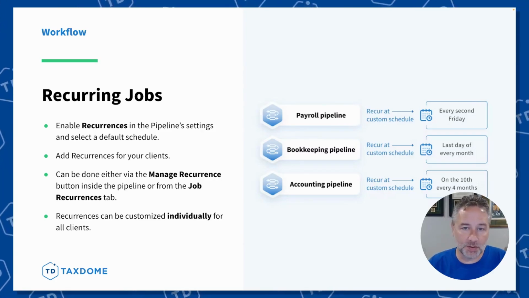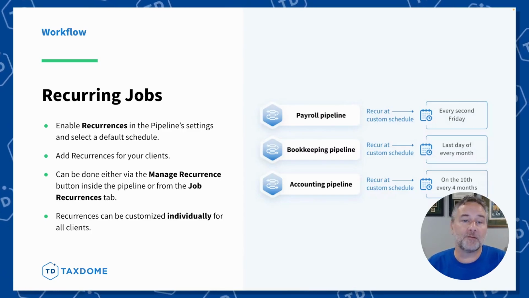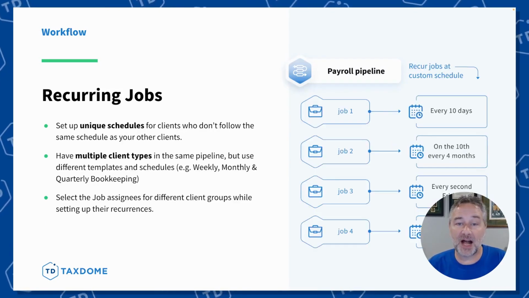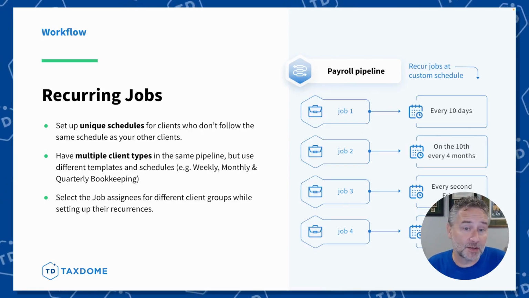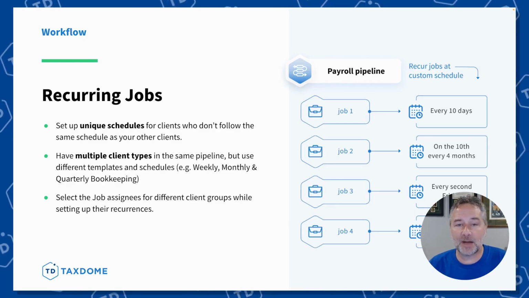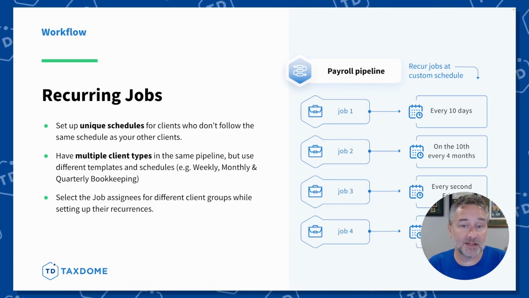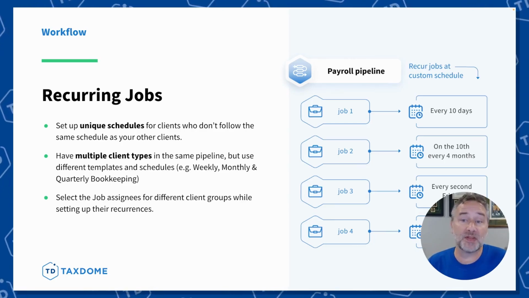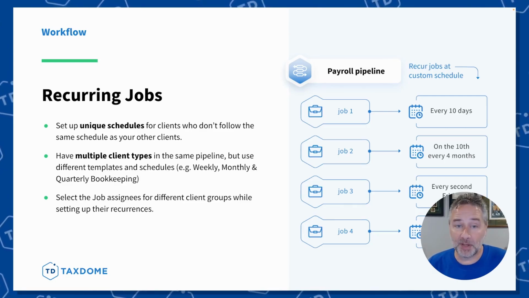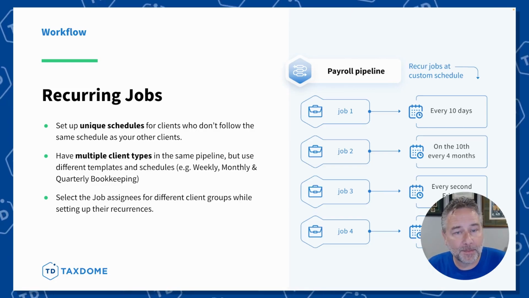Using these tools to your advantage can help you in various cases. For example, if you have some clients that start on a different day than the rest, you can alter the schedule for those. Now, I already gave an example earlier where I mentioned that you can have different bookkeeping type clients in the same pipeline. For these, you would change both the schedule and the job template, since the latter would make it easy to differentiate the job.